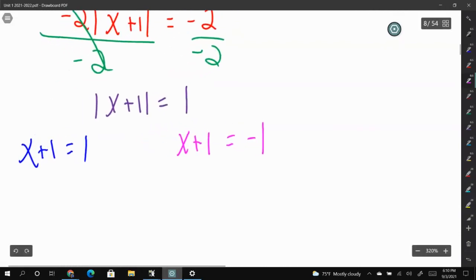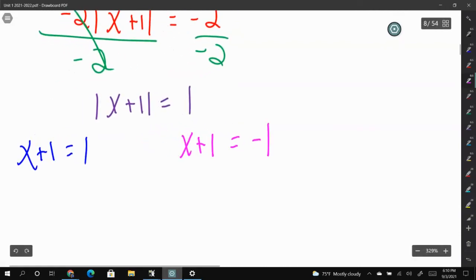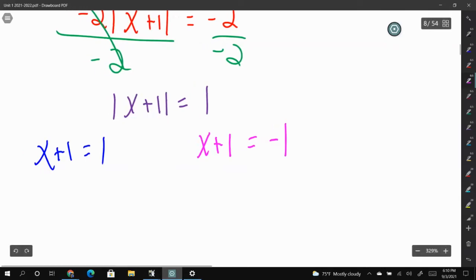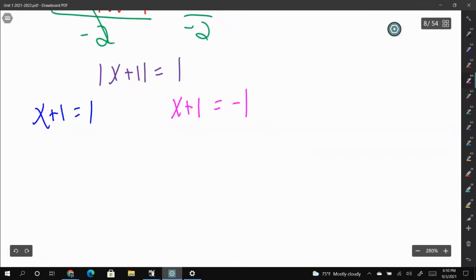So, for example, we talked about this before. If inside here equaled -1, once you take the absolute value of that, it would become a +1. So that's why we have this pink equation over here. So we're going to solve these two equations separately.